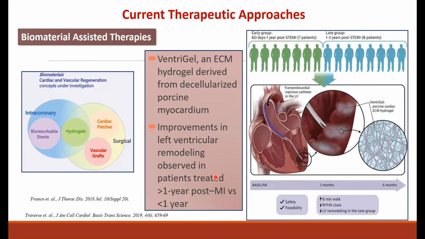Another current therapeutic approach that I am really keen about and interested in is the biomaterial assisted therapies. In biomaterial assisted therapies, you have scaffolds that provide biochemical stimuli. They act as ECM or replacement ECM and are of great significance, especially in hydrogel therapies.